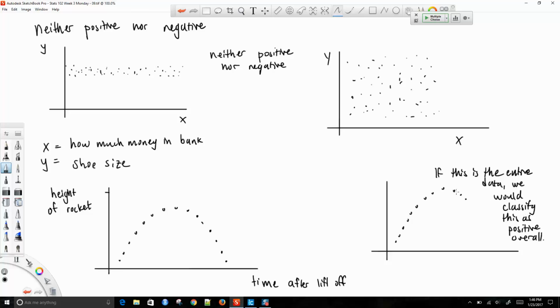And if we didn't know the context of the data, we cannot assume that it's going to keep going like this, because what happens in the future is that it could go like that, it could go like this, who knows, it could even go back up. We can't assume what the future of the data looks like if we don't have any context. If we're talking about a rocket, then we understand physics and we can say it's going to keep falling down.